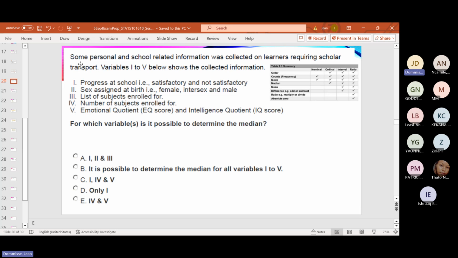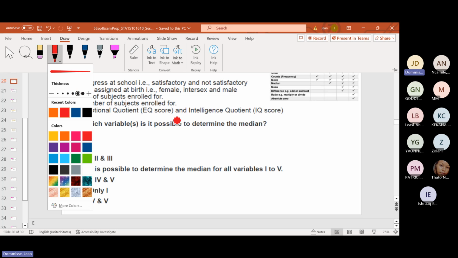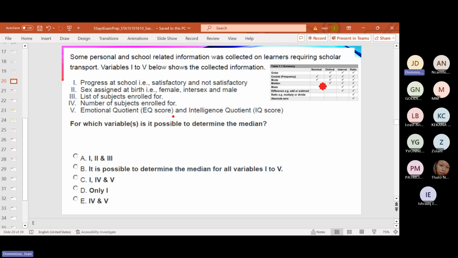Some personal and school related information was collected on learners requiring scholar transport. Variables 1 to 5 below show the collected information. Then they ask us for which variables is it possible to determine the median.